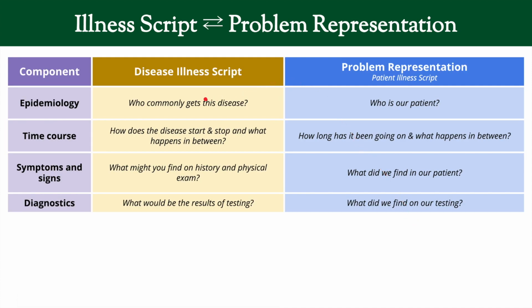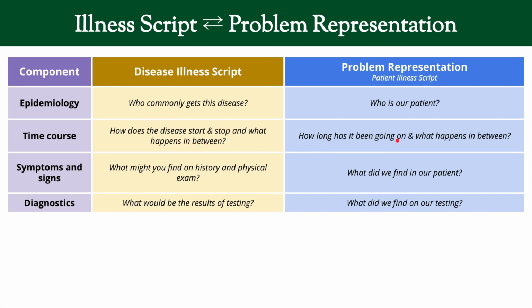Okay, so let's take a look. So remember here, we are going to try to compare the illness script for a disease to the problem representation that a patient has. And so that's the patient illness script. These are the components we're going to look at. Epidemiology, who commonly gets the disease, and we'll compare that to who is our patient. The time course, how does the disease start and stop, and what happens in between.